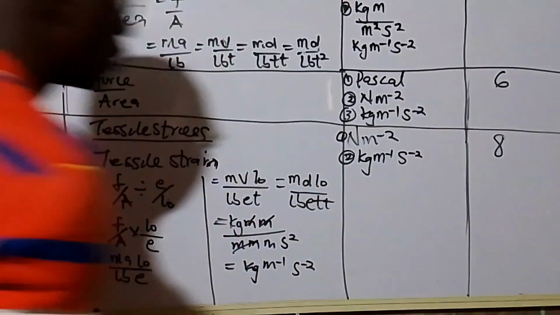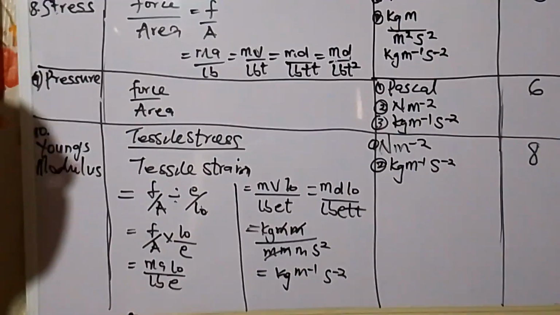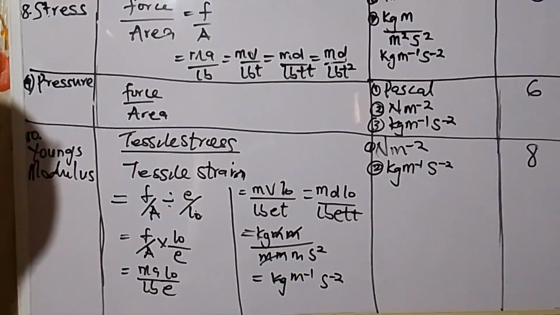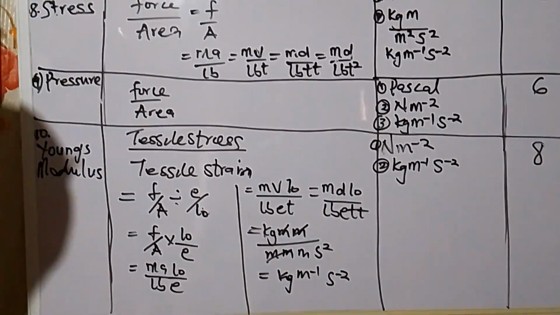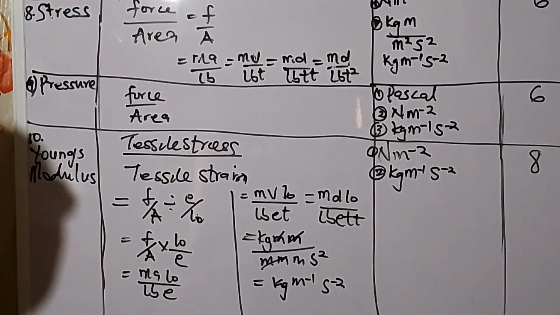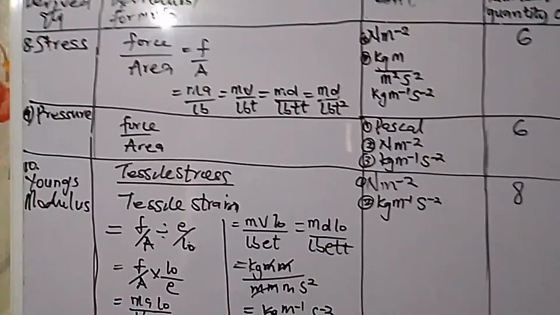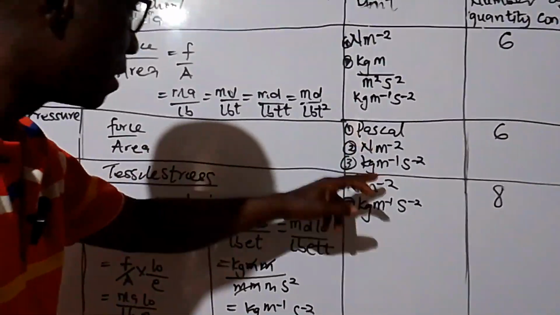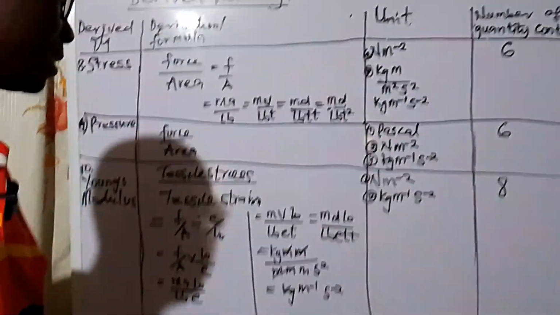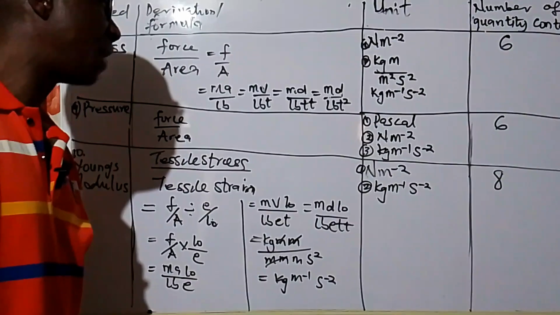So you can now say that Young modulus also can take the same unit as stress and pressure as on the board. And the units that join them together are Newton per meter square and kilogram per meter per second square.